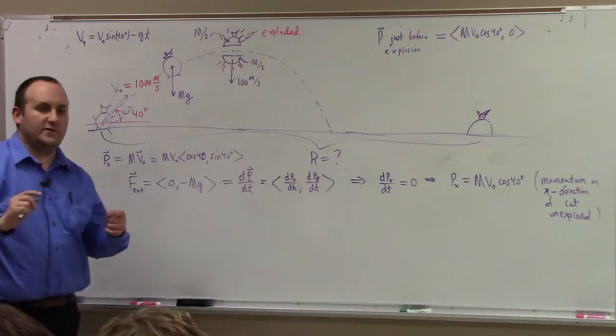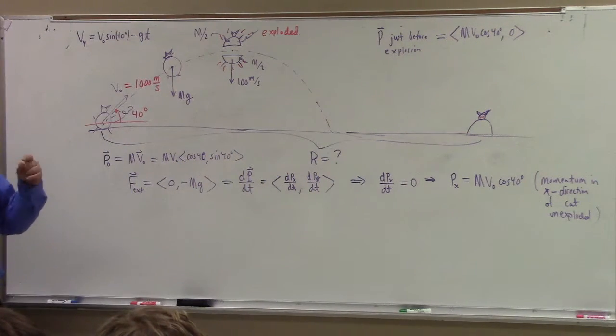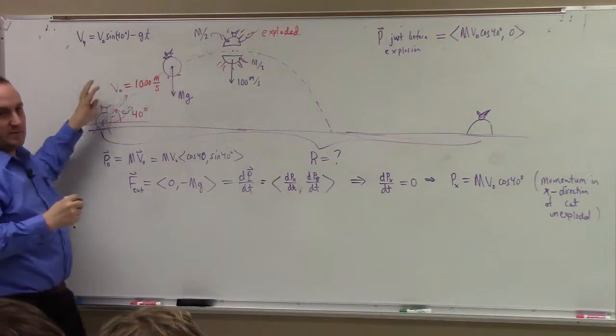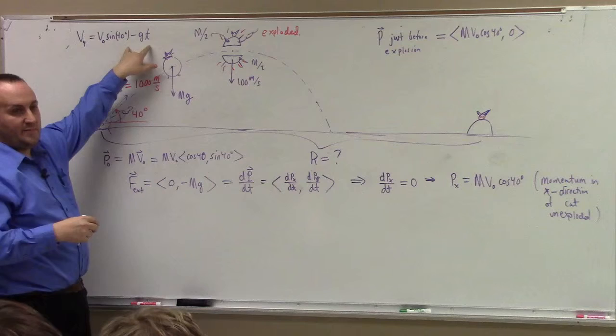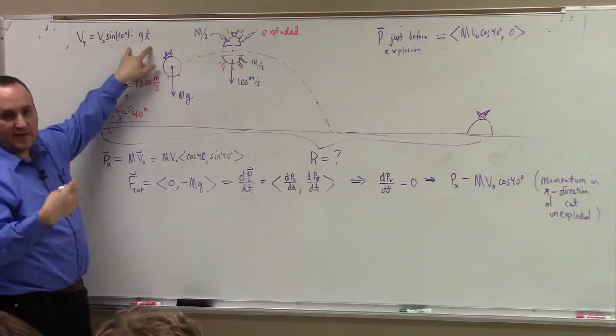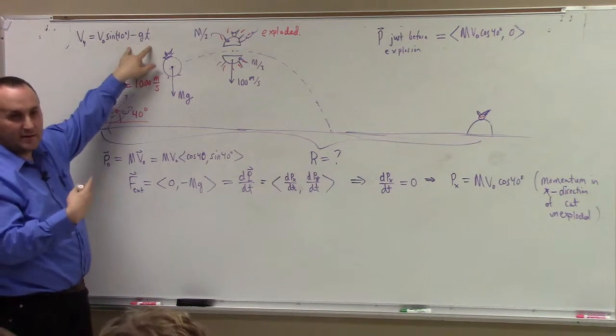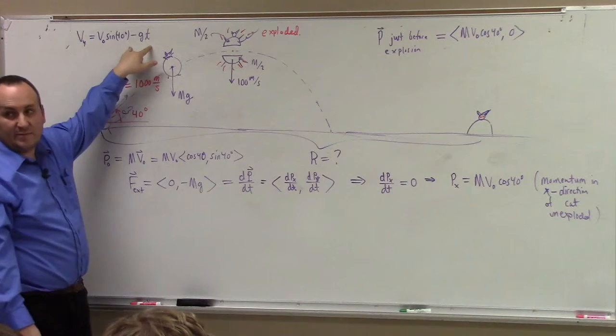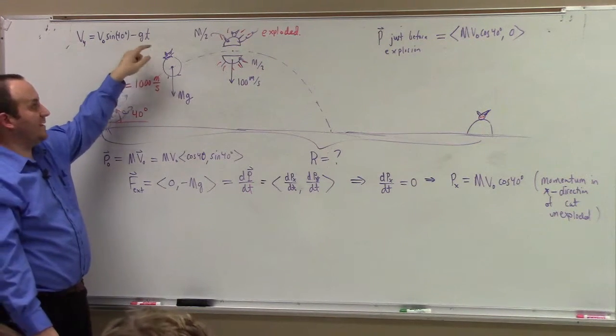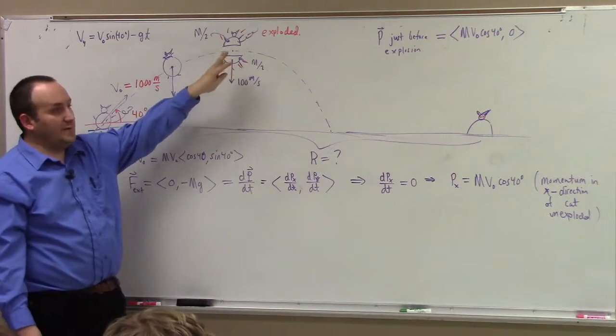Now, if I actually told you the explosion wasn't at the zenith of the flight, if it was at some other part of the flight, then you'd actually have to figure out the time and how much y velocity, how much y momentum it had before the explosion, right? You could, in principle, work a more complicated problem like that, but thankfully for us, it happened at the zenith of the flight, where the y momentum is 0.